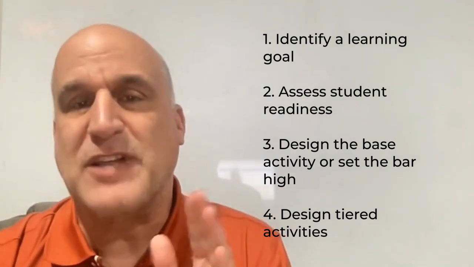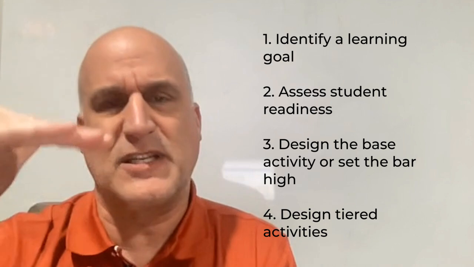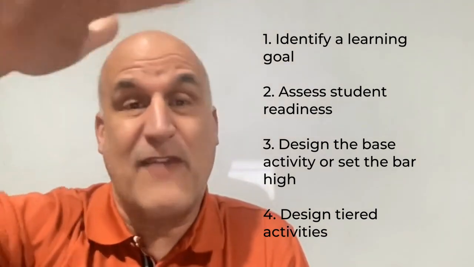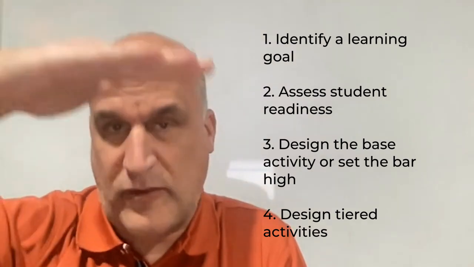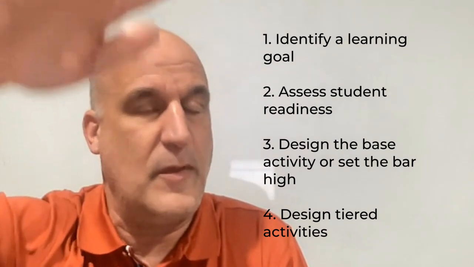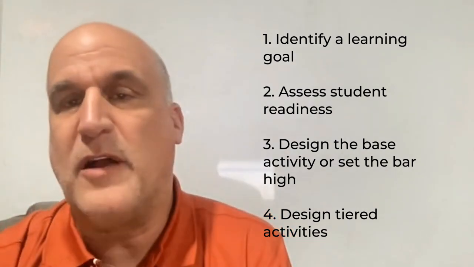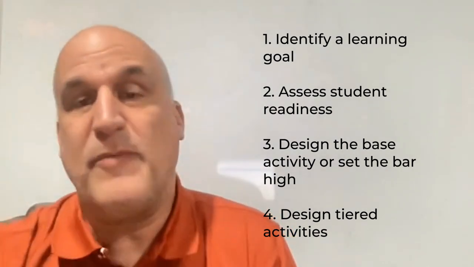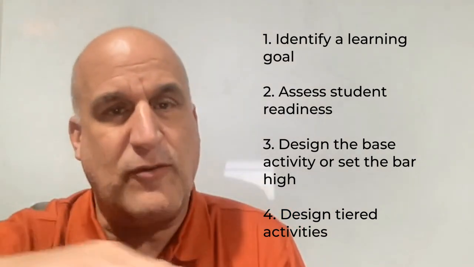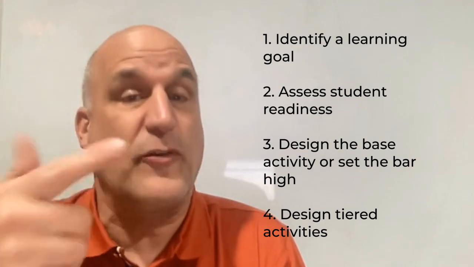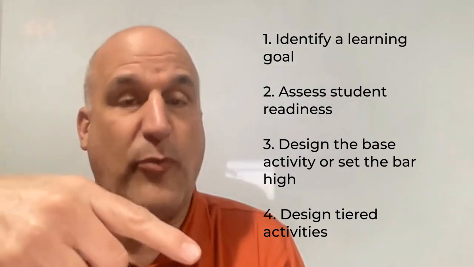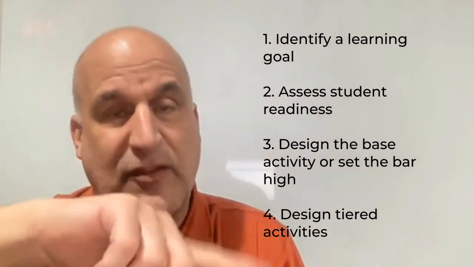Once you've established that, there are kind of 2 ways you can approach this tiering. You can say, I'm going to set the high bar, and then everyone needs to try to get here. And then I will scaffold to a level 2 and to a level 3 to get us up to the 1. Or depending upon the abilities in your classroom, you may just have a base activity, which is your level 2, and then you introduce enrichment to get people up to level 1, and you introduce supports for people at level 3 to get them up to level 2.